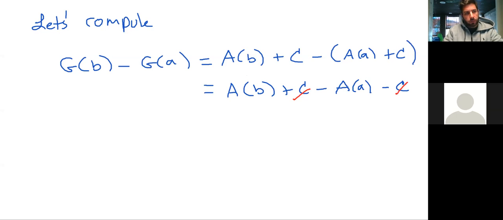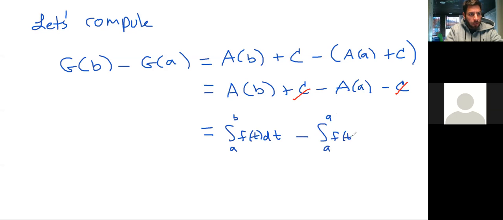And what I'd like to do now is write these things in terms of integrals. So this is the integral from a to b of f of t dt, or f of x dx, it doesn't matter. And then this is minus the integral from a to a of f of t dt. But as we stated last class, this right integral must be 0.